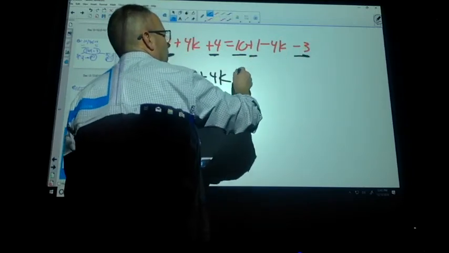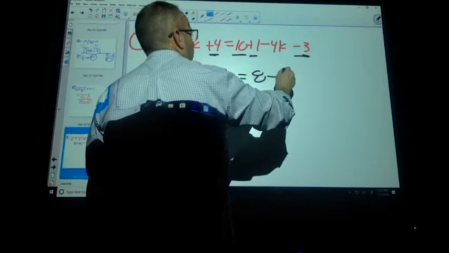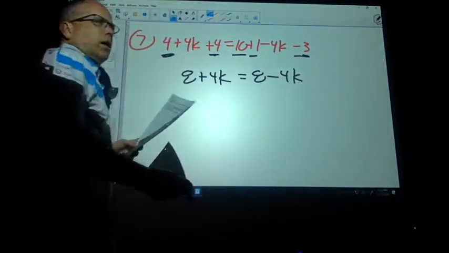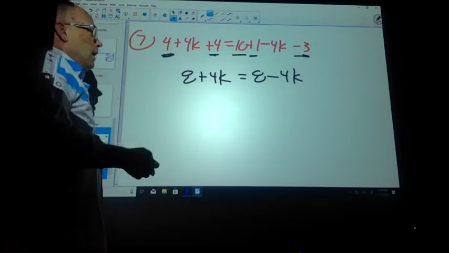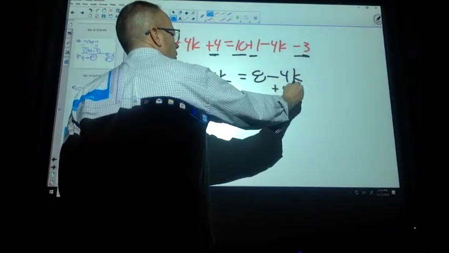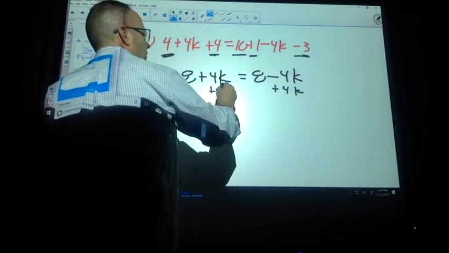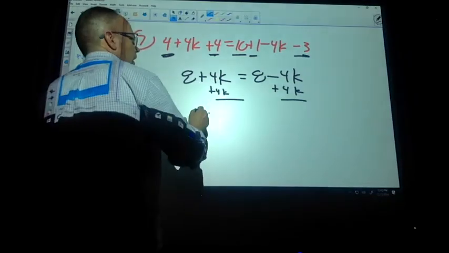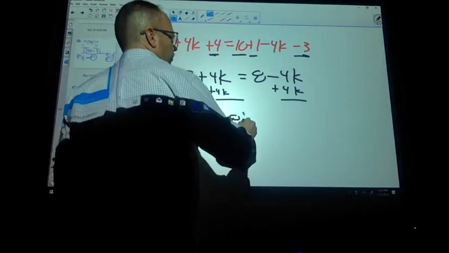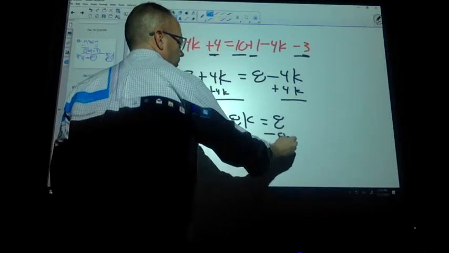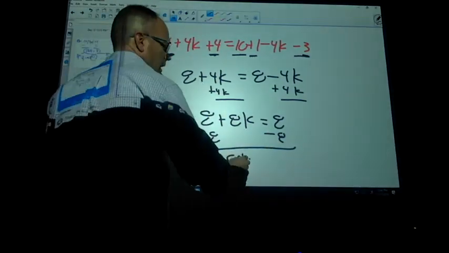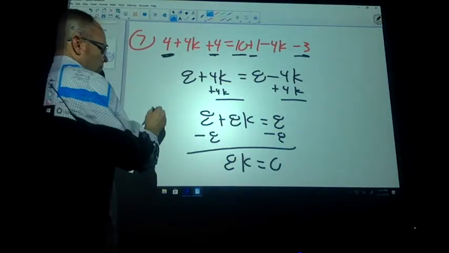So it's 11, that's 8 minus 4k. Is that okay so far? All right, let's see. Maybe add 4k over here, add 4k over here. So I get 8 plus 8k equals 8. Subtract 8. So 8k equals 0. So k has to equal 0.